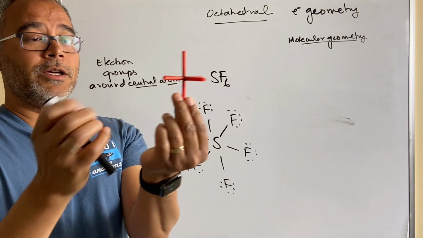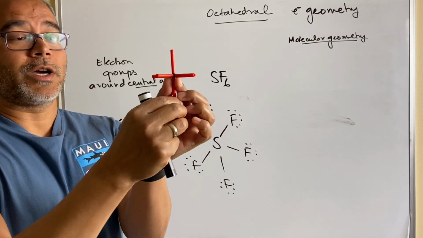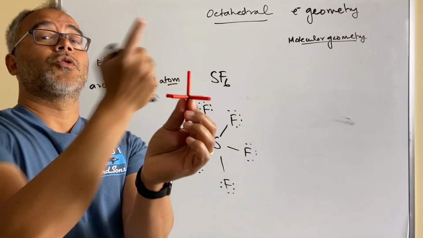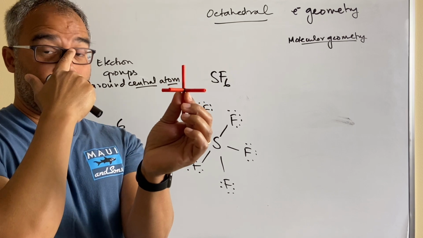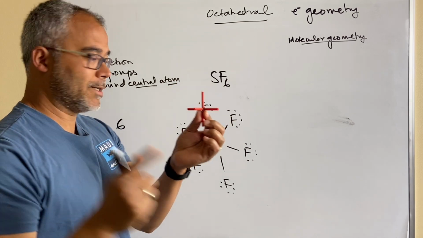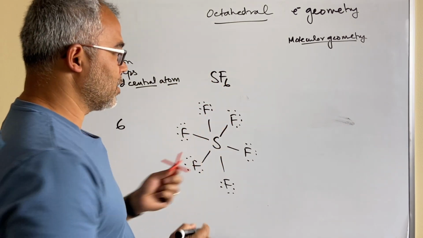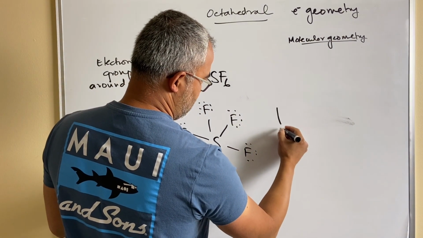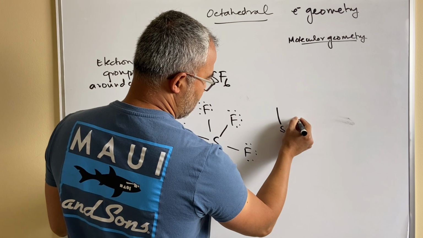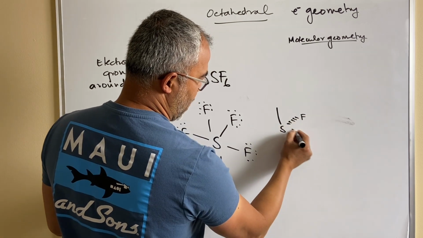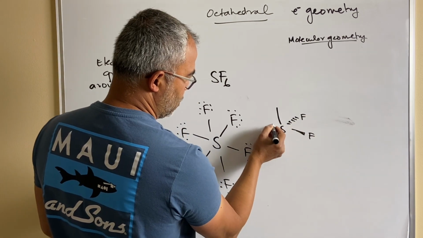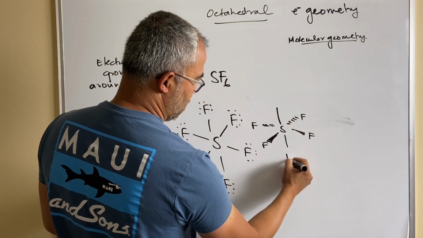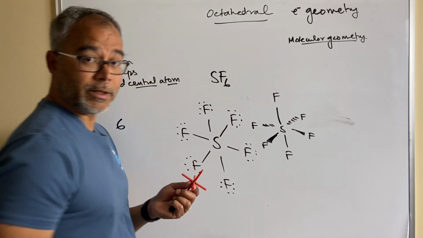Notice carefully, if I hold the structure like this, and if this is the plane of the board, 2 of them come out towards you and 2 of them go inside the plane of the board, okay? So that's important to understand. So if I had to draw this 3-dimensionally, this would look like, see, that fluorine goes away, that comes out towards you, that goes away, that comes out towards you, and then there's the top and the bottom fluorines, okay?